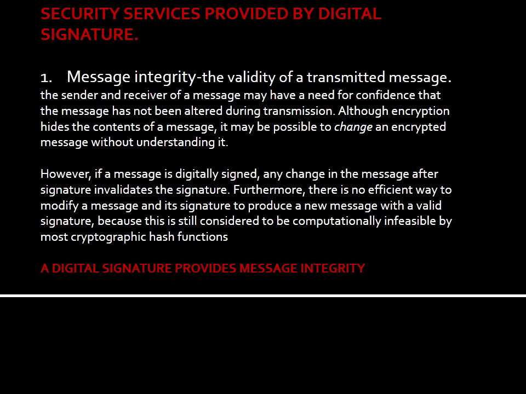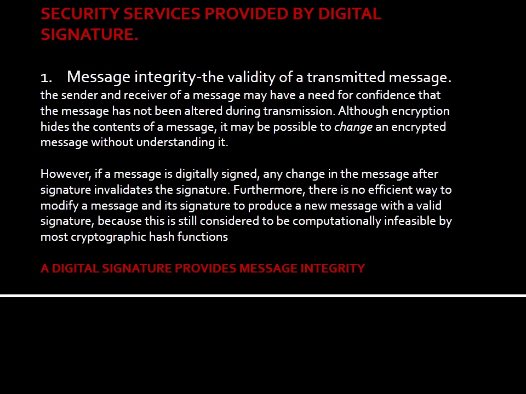been altered during transmission. Although encryption hides the content of a message, it may be possible to change an encrypted message without understanding it. That malicious person will just try to get the message in between. To ensure that this does not happen, we have message integrity, which the digital signature fulfills.